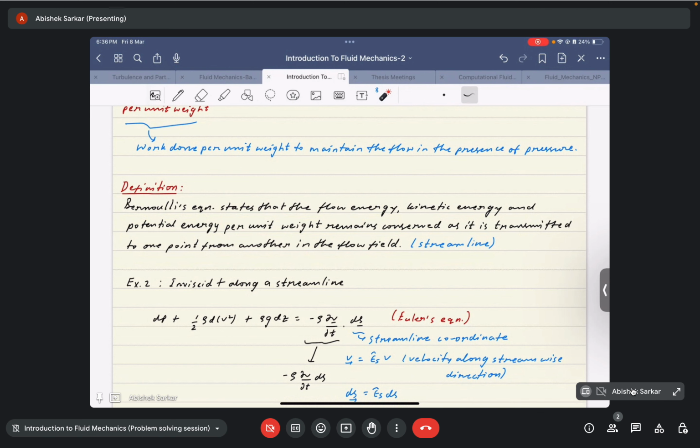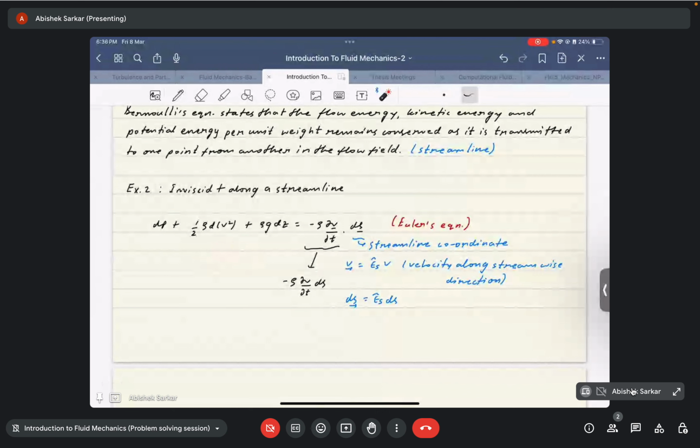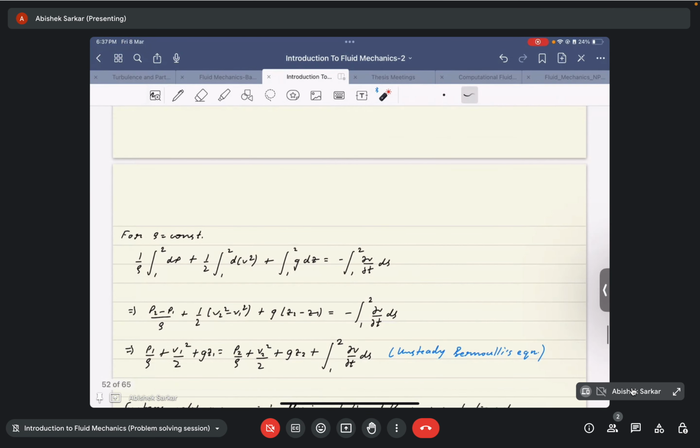Then we consider Euler's equation of motion with two assumptions: first, the flow is inviscid, and second, the flow is along a streamline. Here we have relaxed the condition of the flow being steady, so we are not considering the flow to be steady anymore. This is the form of Euler's equation that we get. Then simplifying this, we reach this form, and here if we consider rho to be constant, we get the next form of Euler's equation.